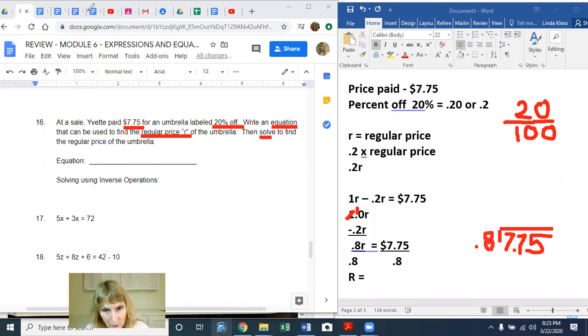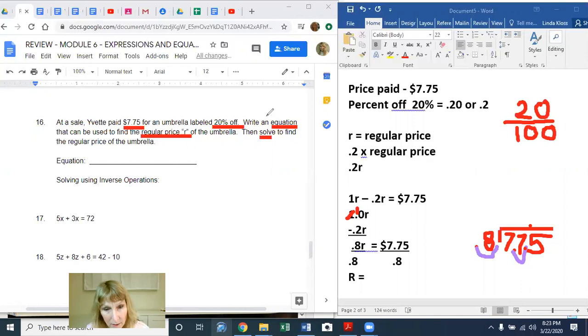Remember, because there's a decimal on the outside number, if I move the decimal once on the outside number, I have to move it once on the inside number. So my decimal is going to go right there.